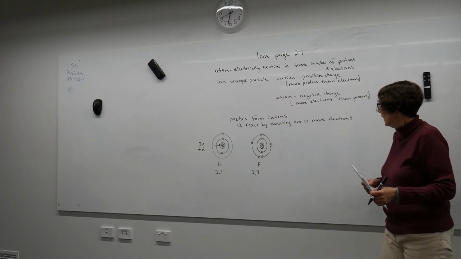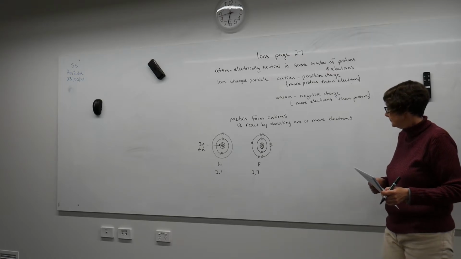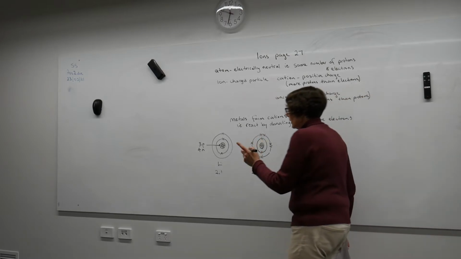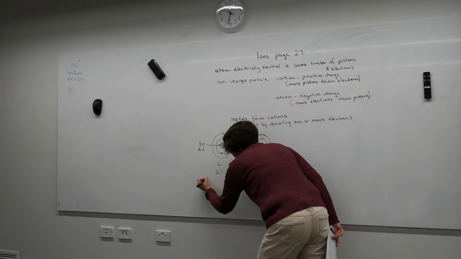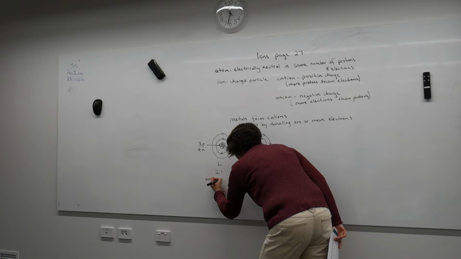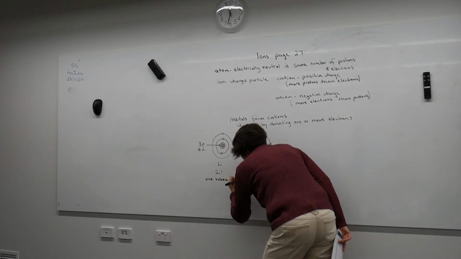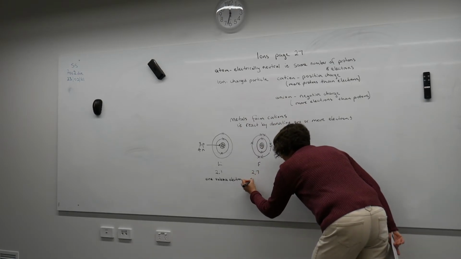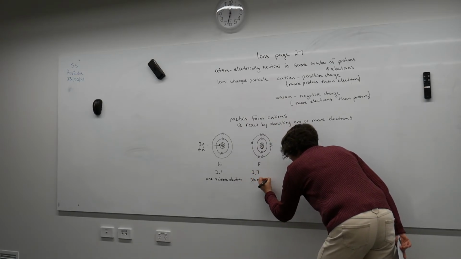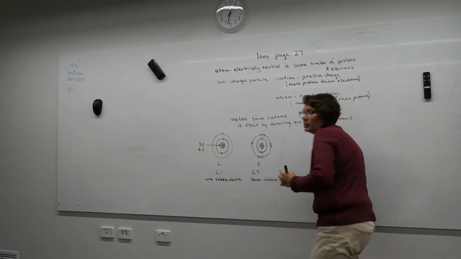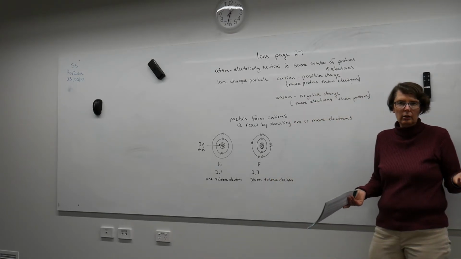Yes? And when we think about valence electrons, lithium has 1 valence electron. Fluorine has 7 valence electrons, because they're the electrons in the outer shell.